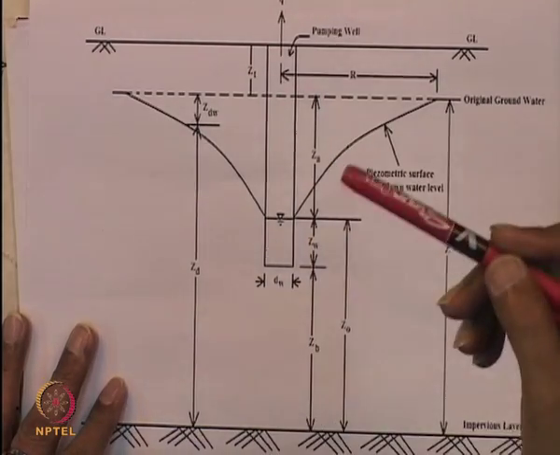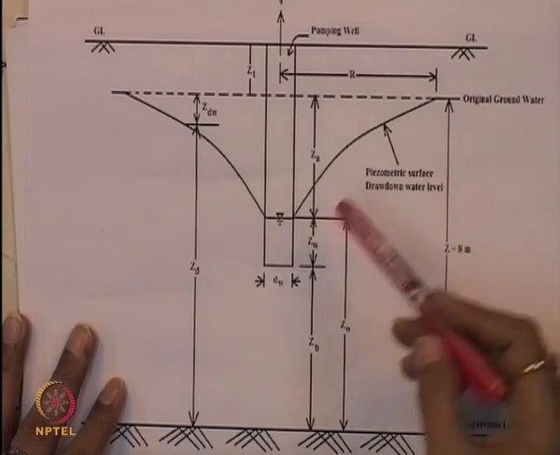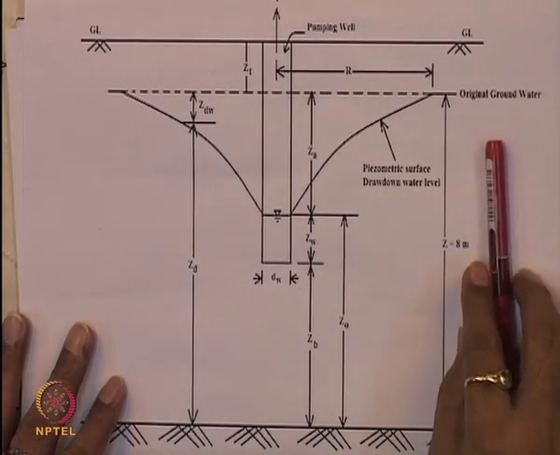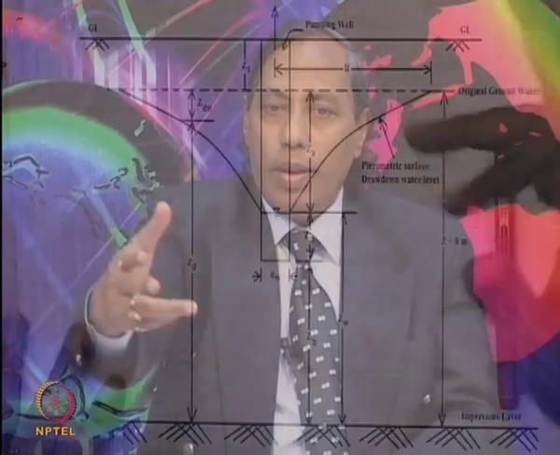So the geotextile required will be Y along the length, 2 into (ZA plus ZW) plus 3 dW.